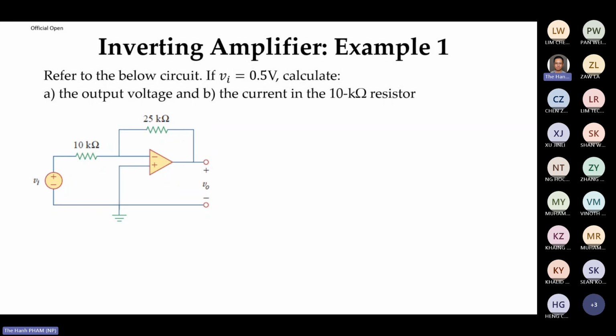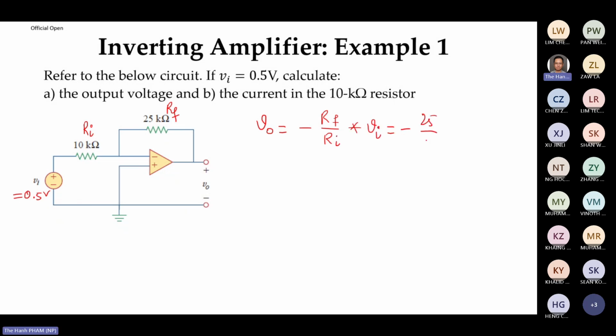So here is one example. This one is VI, which is 0.5 volt. This actually is our R1, and this actually is our RF, right? So your VO is minus RF over R1 times VI.